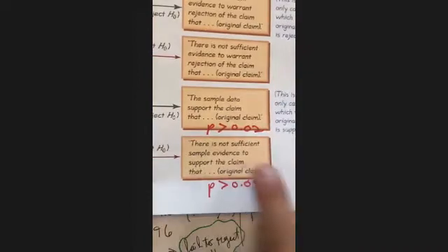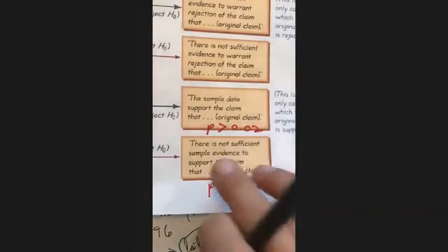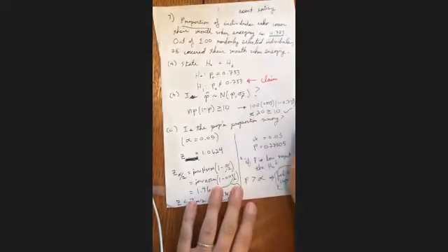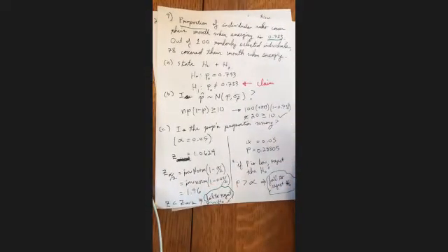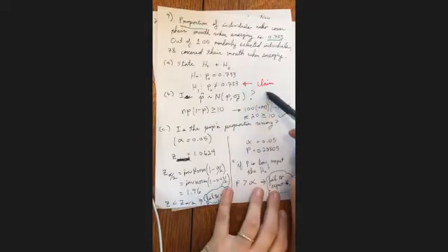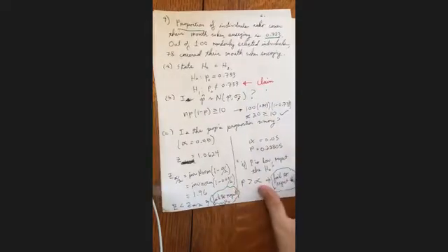We did the fail to reject branch, and so our conclusion is there is not sufficient sample evidence to support the claim that blank. There's not sufficient evidence to support our claim. Our claim was that p naught is not equal to 0.733. So we're failing to reject H0, which means we do not have enough evidence to support our claim.